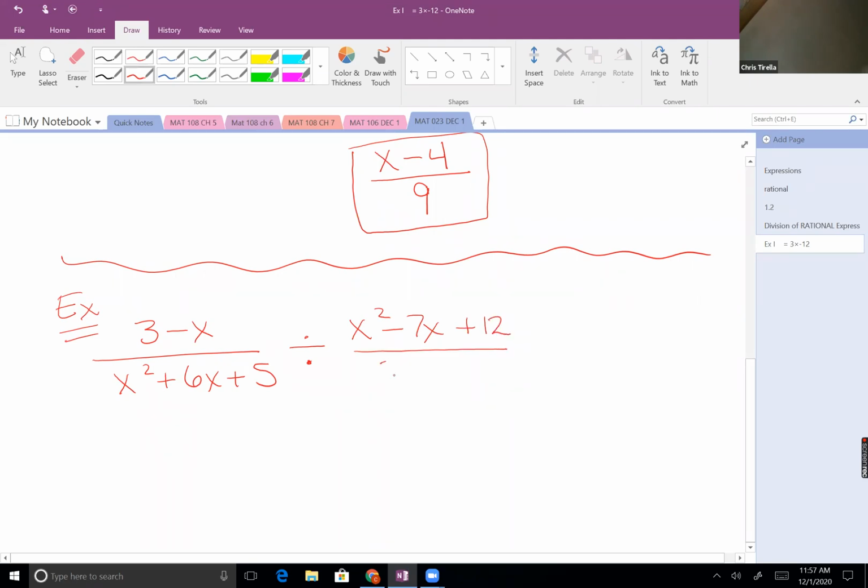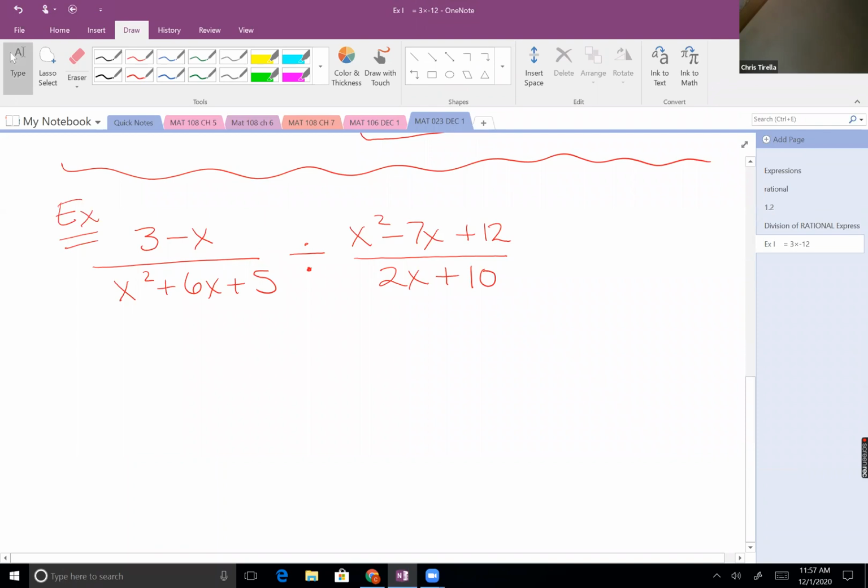over 2x plus 10. Again, I look at that initially as potentially 4 factoring problems before I begin. But first, you want to rewrite it as a multiplication.